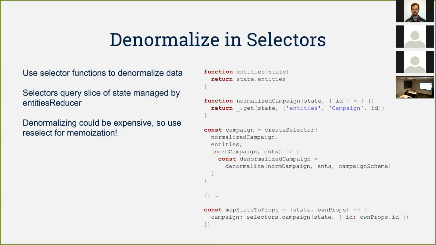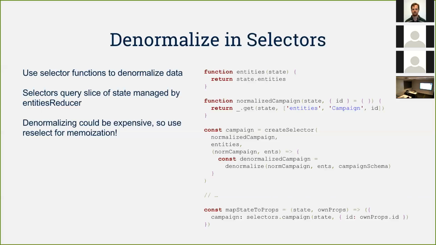So that's just that object that I've shown you a couple of times, a campaign which has two properties, an ID and an array of bin IDs. And then we have a selector which is responsible for denormalizing the campaign. All it does is call denormalize and pass in the entities, the normalized campaign, and the schema that we defined previously.